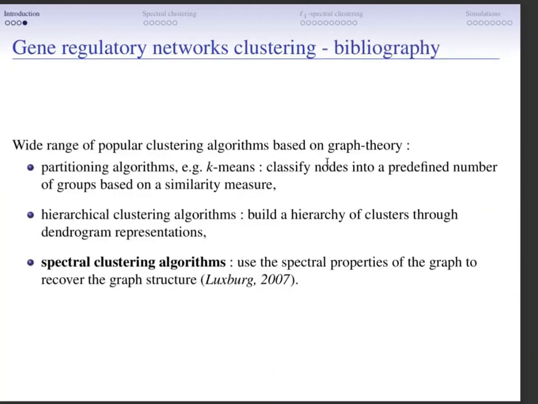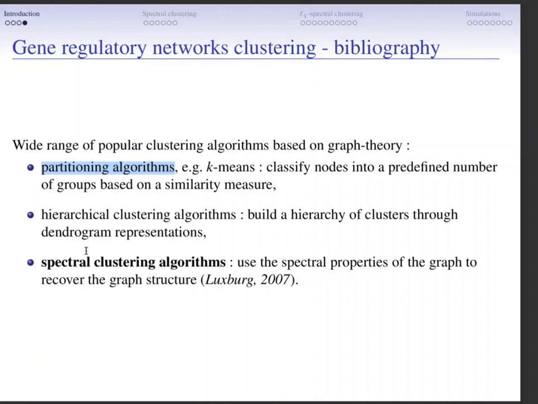So there are a large number of clustering methods. You probably know a lot of them. For example, you have partitioning algorithms, such as k-means, which classifies nodes into a predefined number of groups based on a similarity measure. You can also use hierarchical clustering algorithms, which build a hierarchy of clusters.